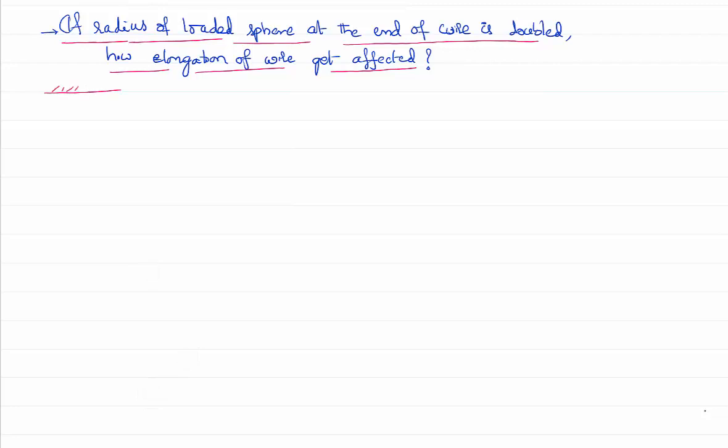There is a rigid support to which one end of the wire is attached. The other end of the wire has a sphere suspended, which is going to act like a load. What is given about that load is its radius.